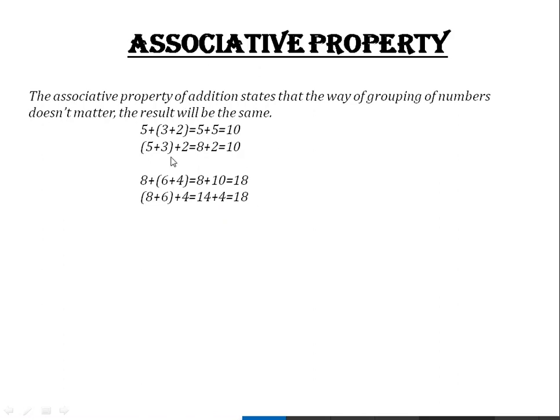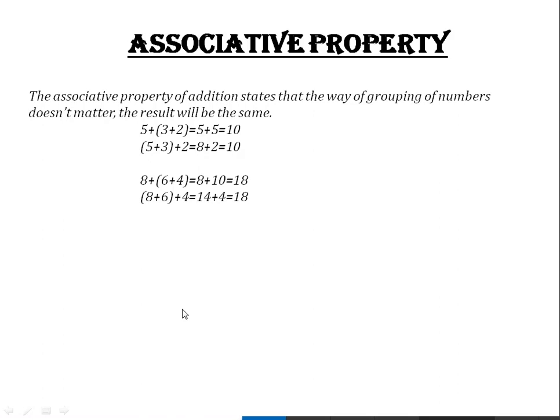So this is associative property. Even if you change the grouping, the result remains the same. Now we'll read out the definition once again. The associative property of addition states that the way of grouping of numbers doesn't matter. The result will be the same.